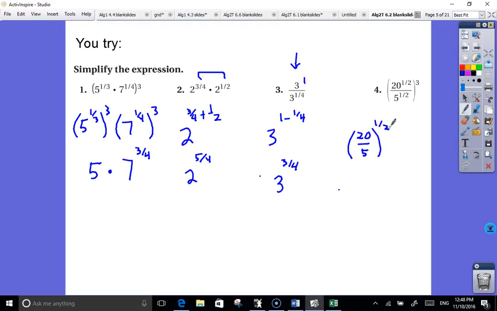Since here it was distributed on the numerator and denominator, let's pull it outside parentheses. I still have all raised to the 3rd. So that's 4 to the 1/2 to the 3rd. And 4 to the 1/2 means the square root of 4, so that's 2. And 2 to the 3rd equals 8.